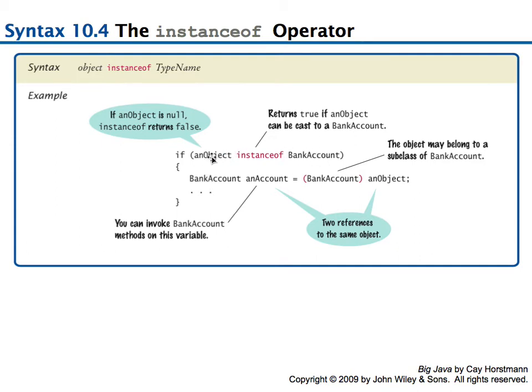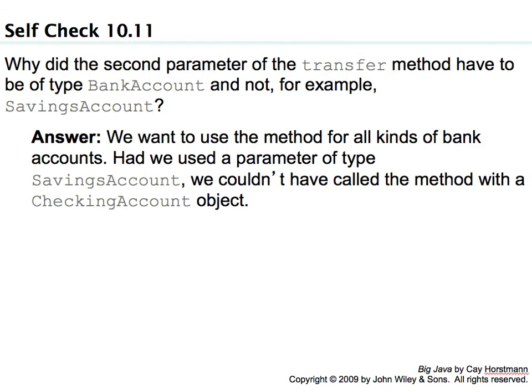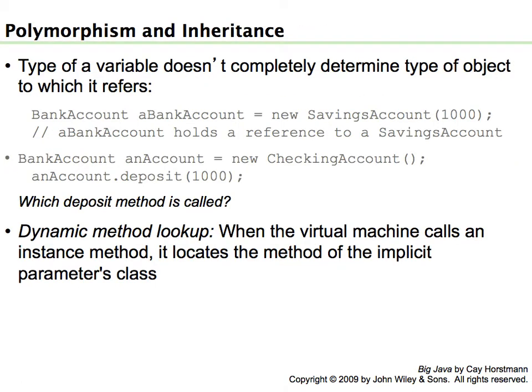So if you have an object and you're not sure if it belongs to the bank account type, maybe because bank account has so many subclasses that you no longer know, the instanceof operator will return true if an object is an instance of a type and will return false if it is not an instance of that type.